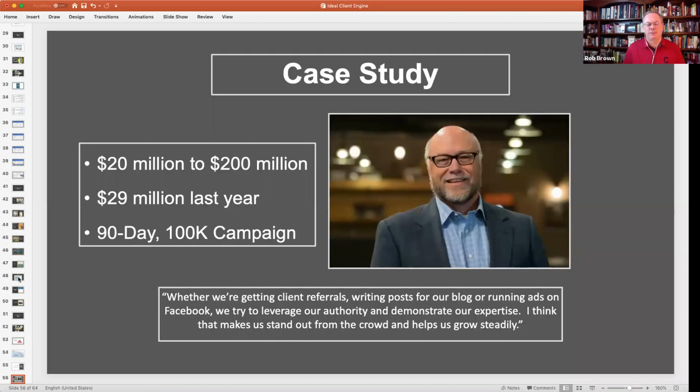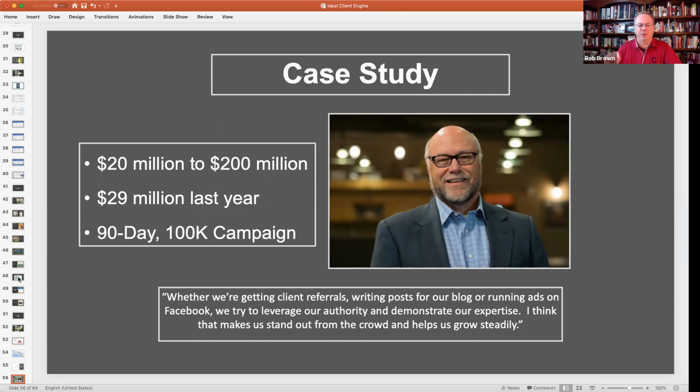Automate your nurture sequence. So let me bring these shifts together because this is another case study from one of my clients, Ron, an RIA outside of Omaha. Since we've been working together, he's grown his business from about 20 million in AUM to over 200 million AUM. I think at last count he was at about, actually he just added a $10 million relationship.